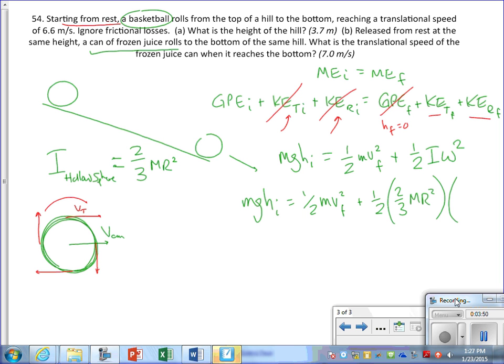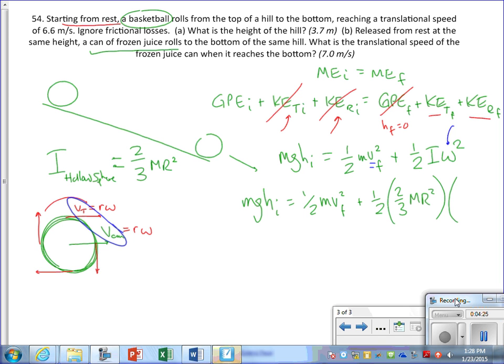What we figured out is that the center of mass velocity and the V tangential are both equal to R omega. So the tangential speed that we use as part of an expression for omega is the same thing as the center of mass velocity, which we use for our translational kinetic energy.